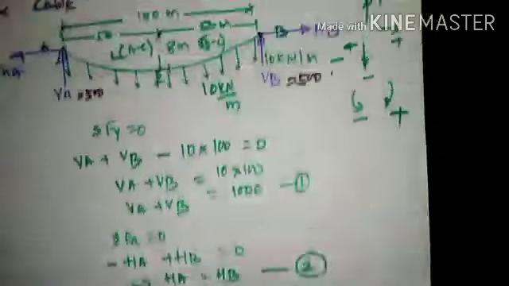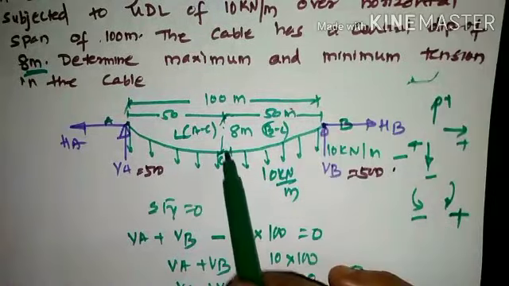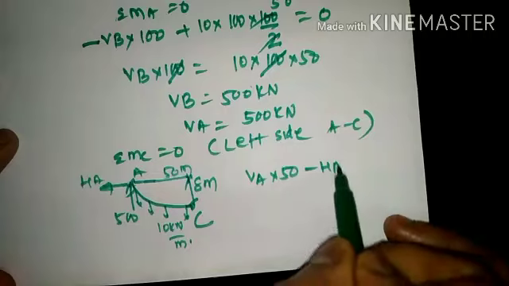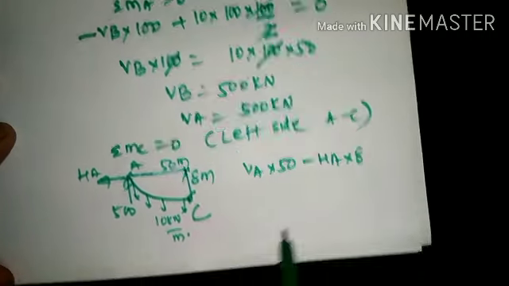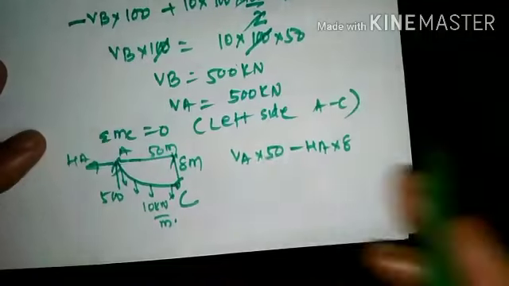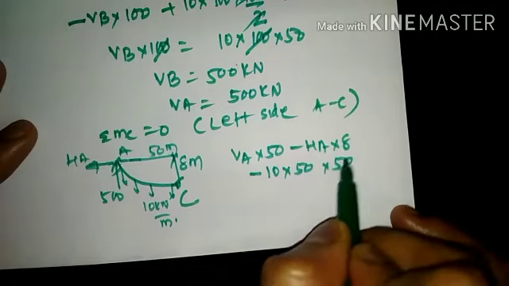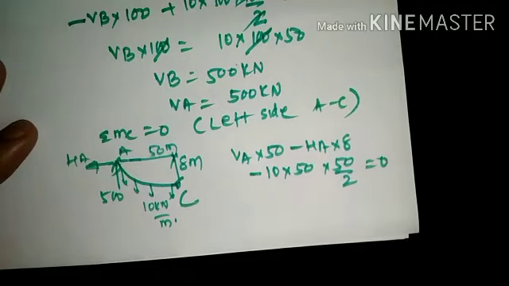What is 8 meter now? 8 meter is nothing but the central dip of that particular arch. So this will be minus of HA into 8. Further proceeding, with reference to C, UDL is downward, so it will rotate in anti-clockwise direction. Minus of 10 into 50 divided by 2, that is equal to 0.